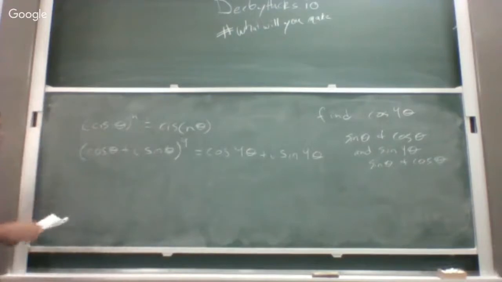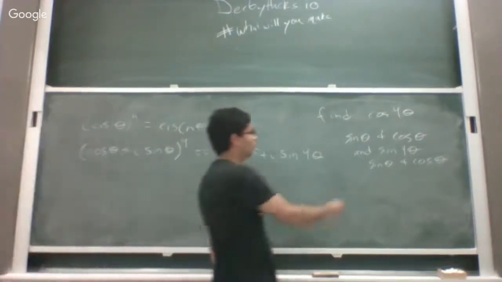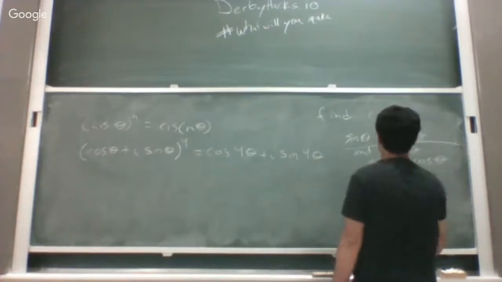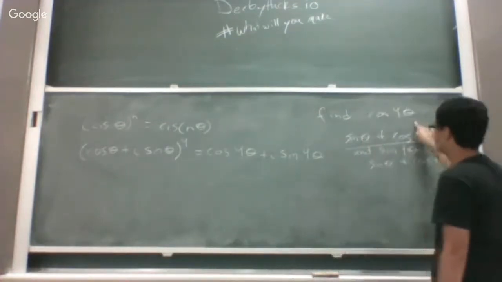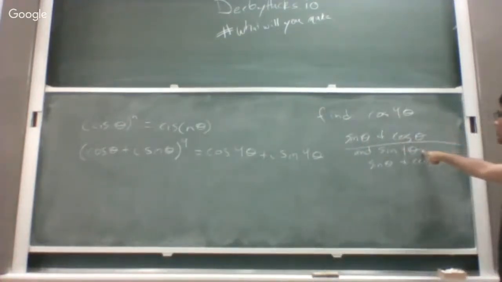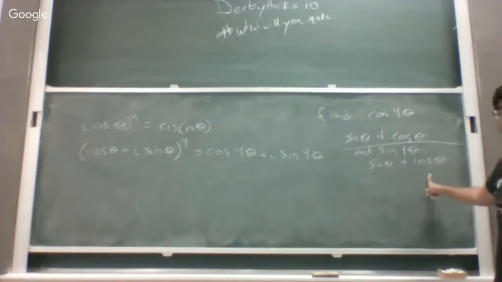So this means cosine theta plus i sine theta. Well, that's how they phrase the question. So we have to find cosine of 4 theta in terms of sine and cosine, and sine of 4 theta in terms of sine and cosine.